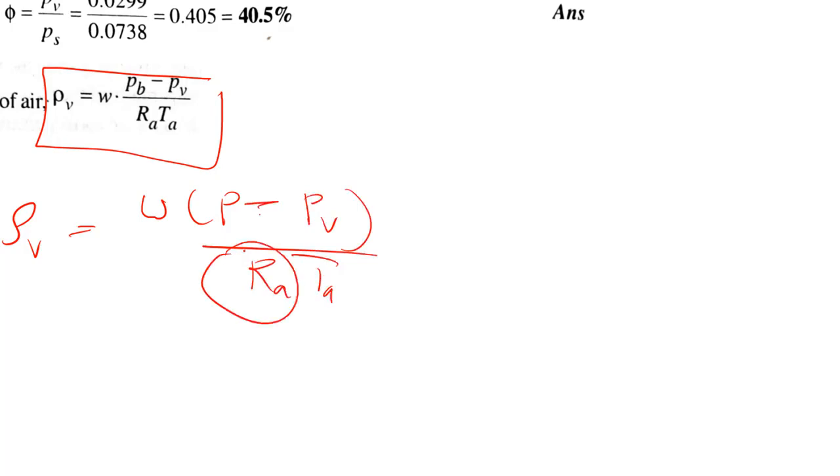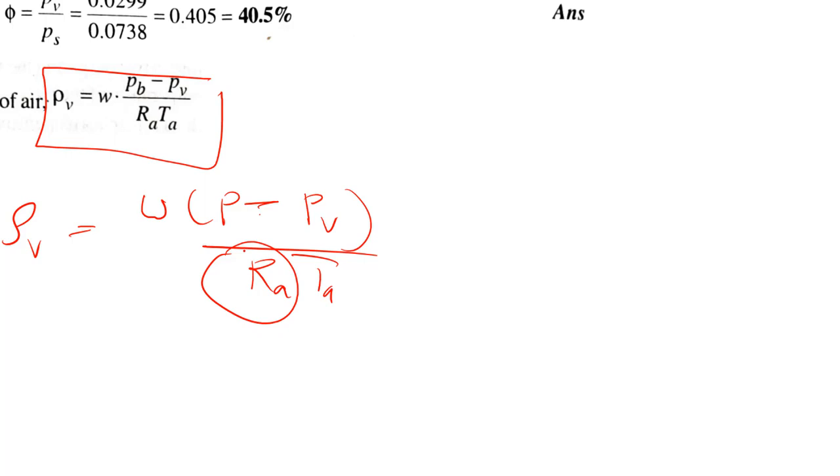Next, vapor density. We already know the formula of vapor density. Rho V equals W P minus PV divided by RA TA. RA is what? Gas constant for air, that is 0.287. And what is TA? TA is the dry bulb temperature, which is given as 40 degrees centigrade. But here we put it in Kelvin.